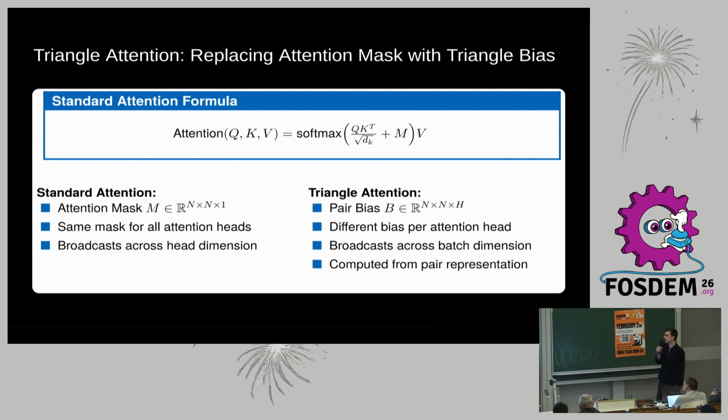So the first trick that we did was just permuting the head dimension and the batch dimension because they are both independent. But even those permutations took too long, and so in the end we just added support for batch broadcasting to the flash attention kernel, and this way we can just use flash attention 2 for triangle attention.